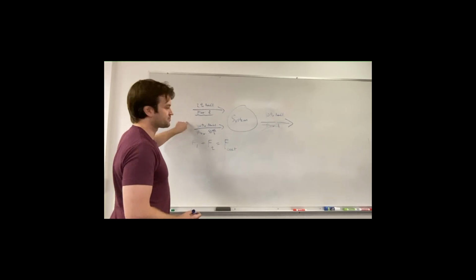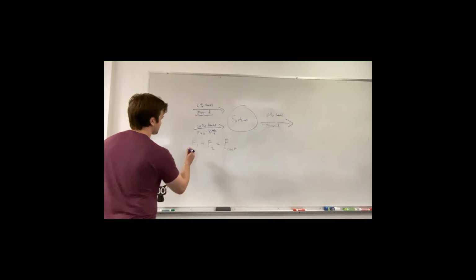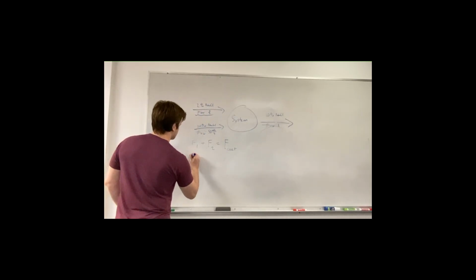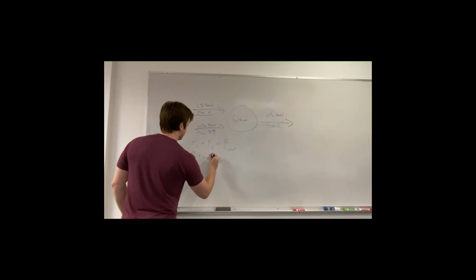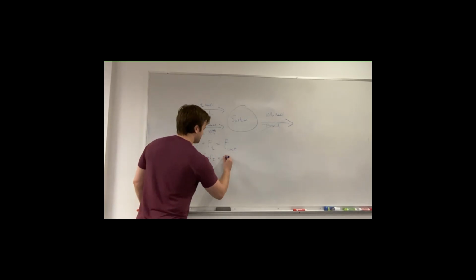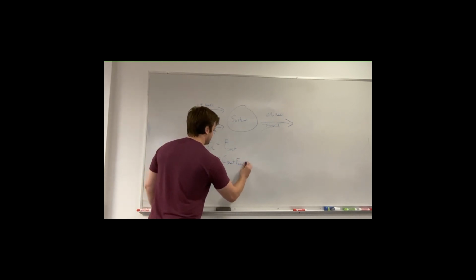So here we have two streams going in and we have one coming out. So we're going to have C1 F1 plus C2 F2 is equal to C out F out.